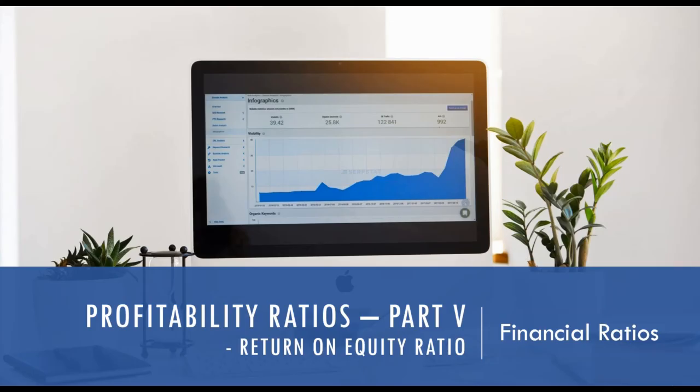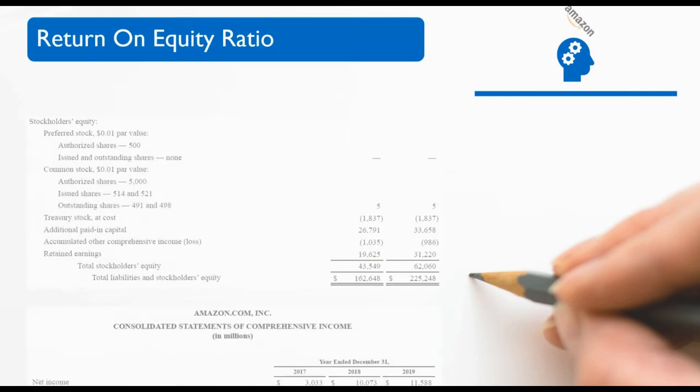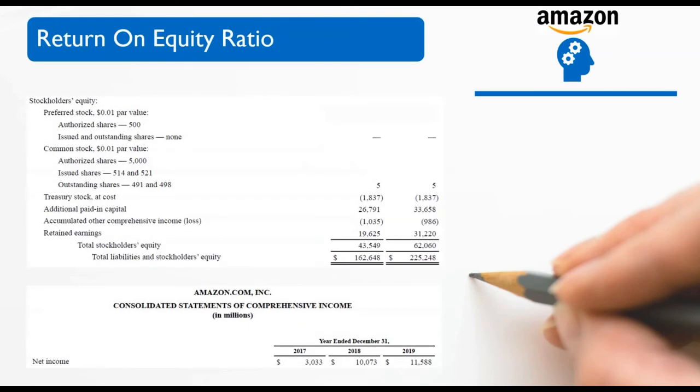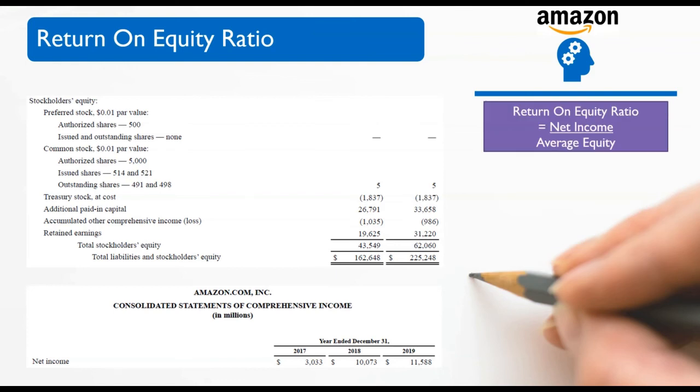Welcome back. In this lecture, we will go through part 5 of the profitability ratios, where we will walk through the return on equity calculation. So let's calculate the return on equity ratio for Amazon. But before we get started, let's find out what the return on equity ratio is and why it is important to us. To start, the return on equity ratio measures how effectively management is using the company's equity to create profits.